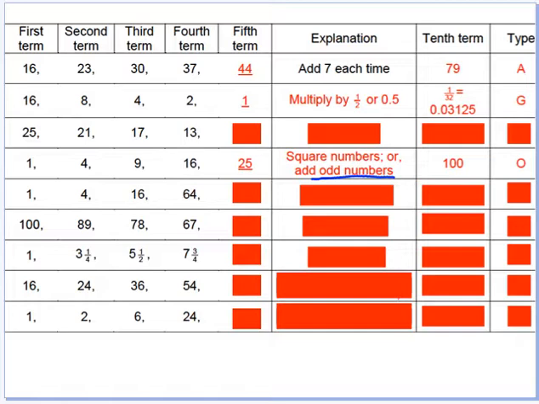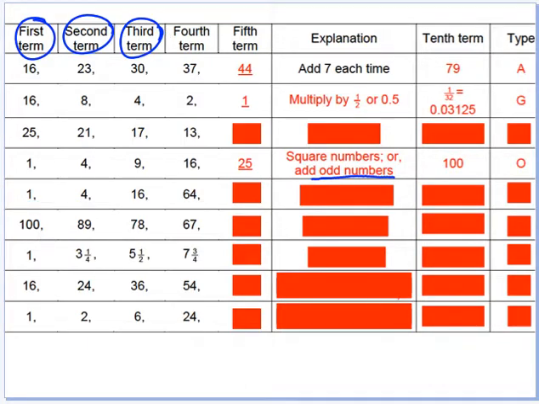If this is my first term, well, 1 squared is 1. My second term would be 2 squared, and that gives me 4. My third term would be 3 squared. Whoops. I'm doing the wrong lines down here.